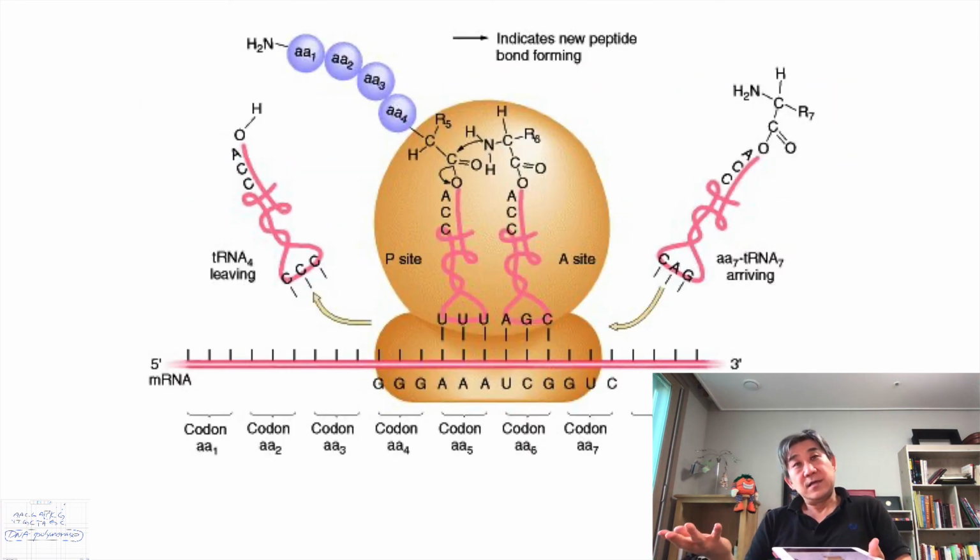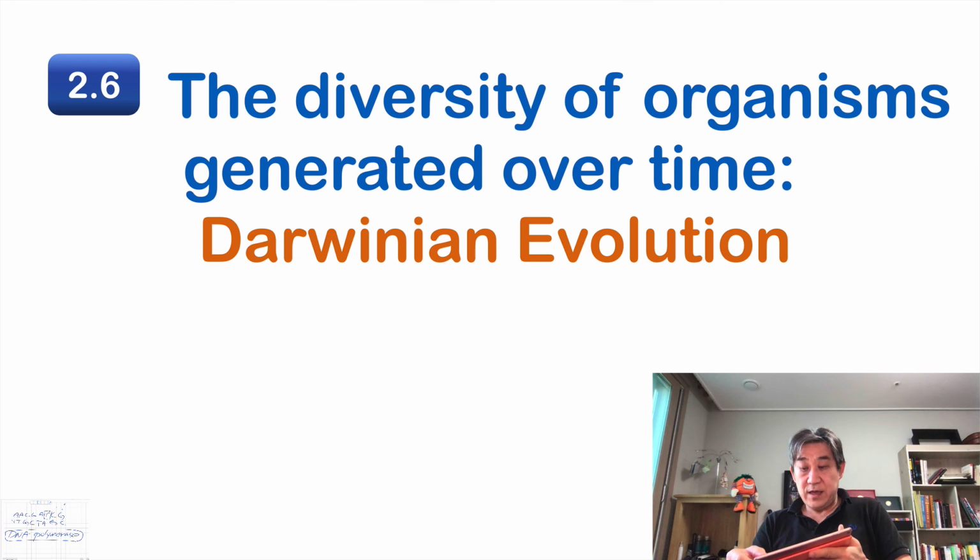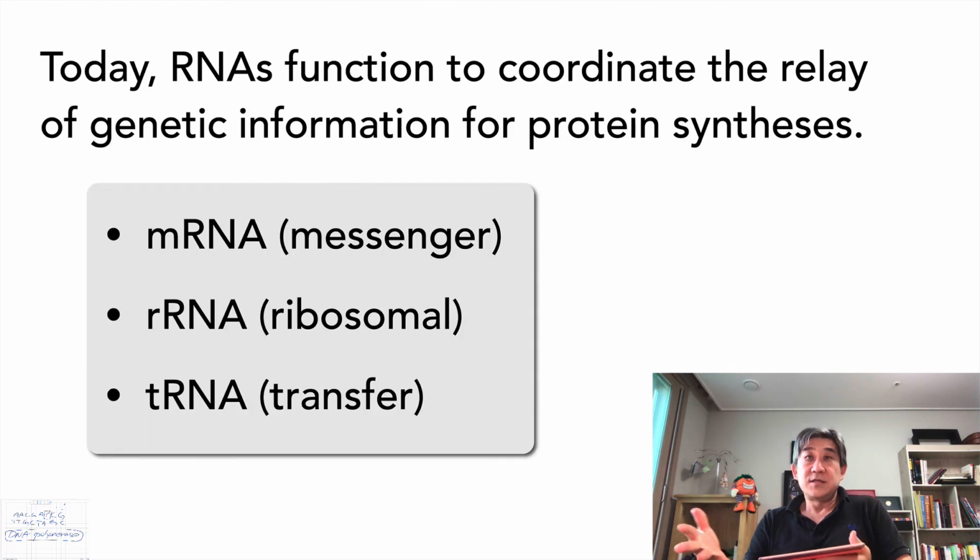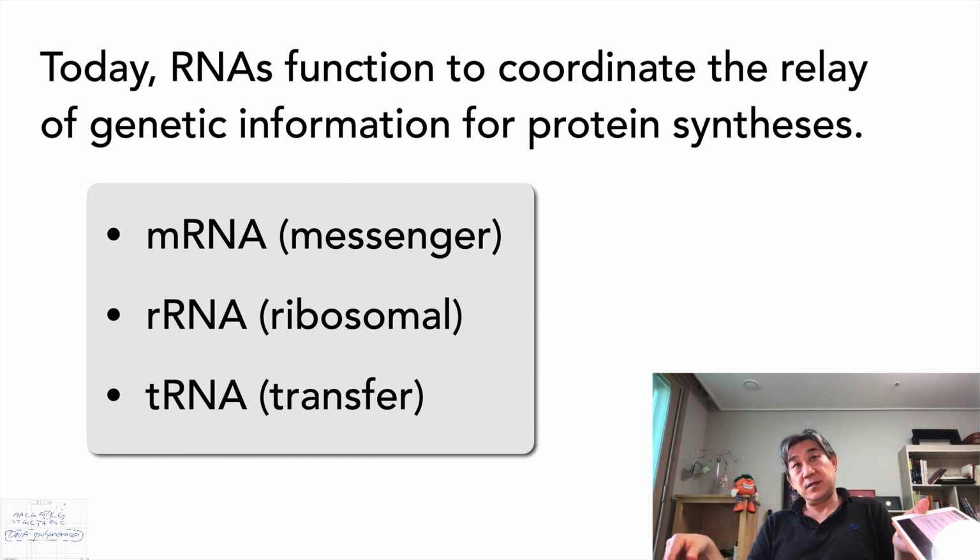So that's how it is. Although more different types of RNA do exist, I won't go into that at this point. Here, simply the RNA's unique property as compared with DNA is that RNA might have been the first genetic material in the beginning.